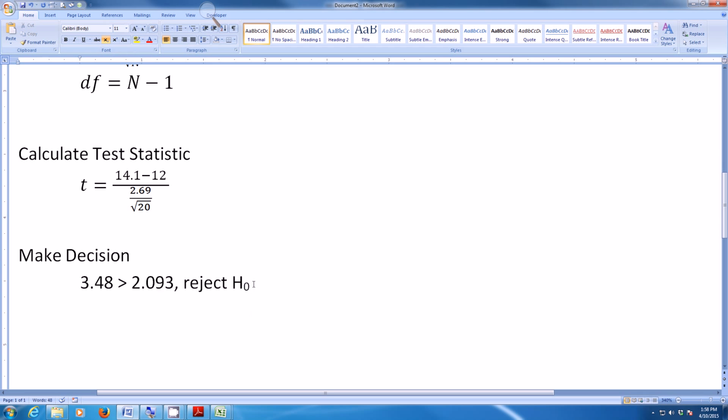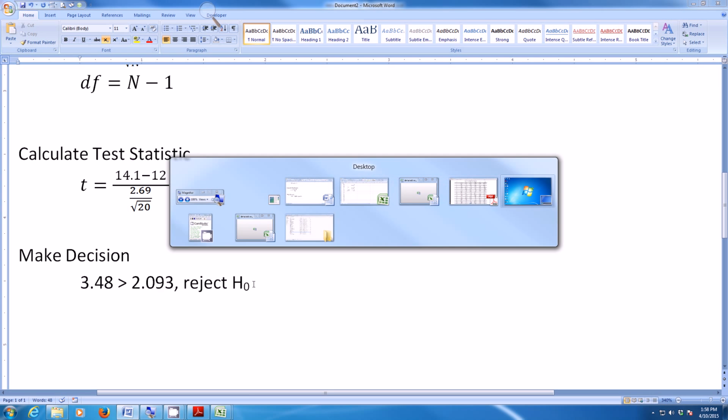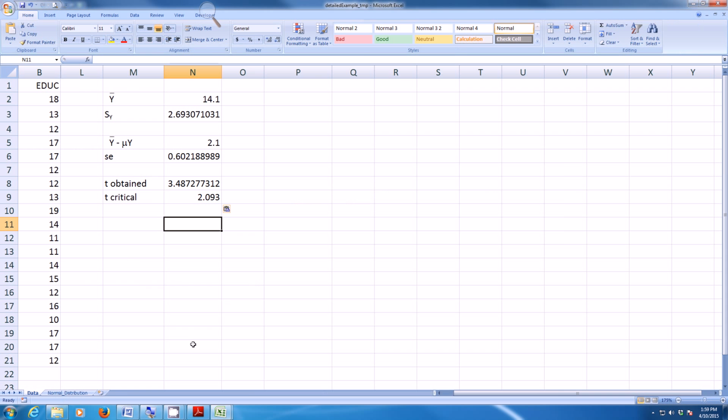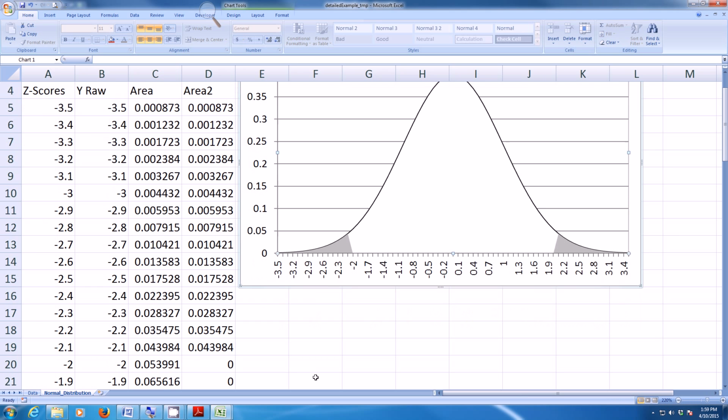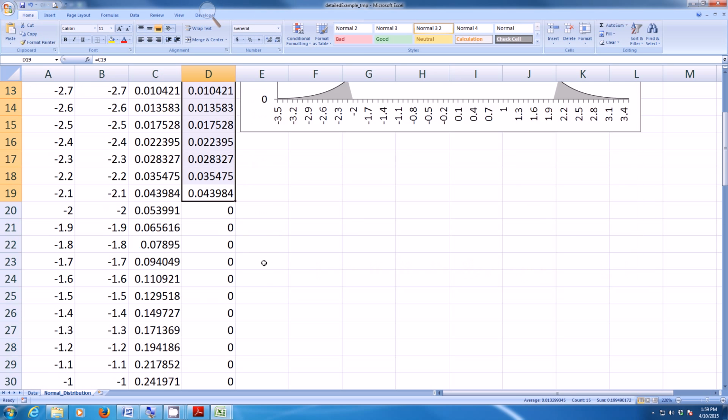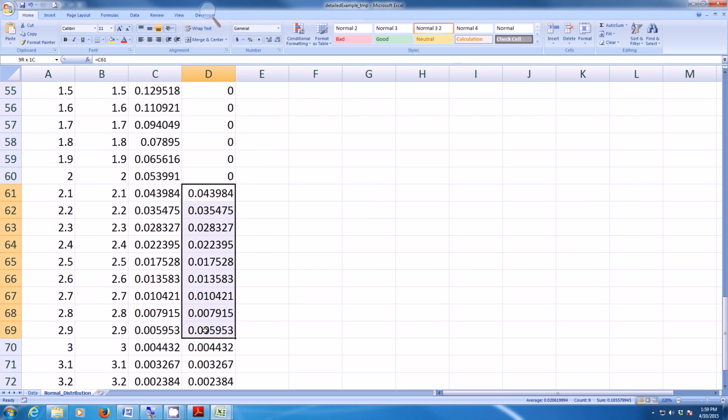The other thing we could do is we could think about this in terms of a rejection region. And so if we go back to our Excel file, and if we bring up that program that makes normal curves, we can think about this in the following way. Here's what a rejection region looks like. Now, if you round our critical value to about 2.1, that means that our rejection region is basically for values that are beyond negative 2.1 or values that are beyond positive 2.1.